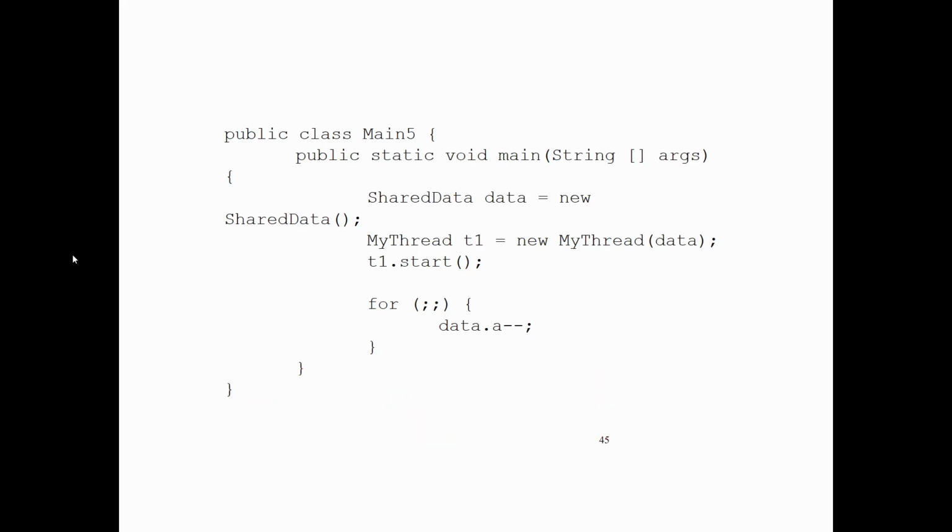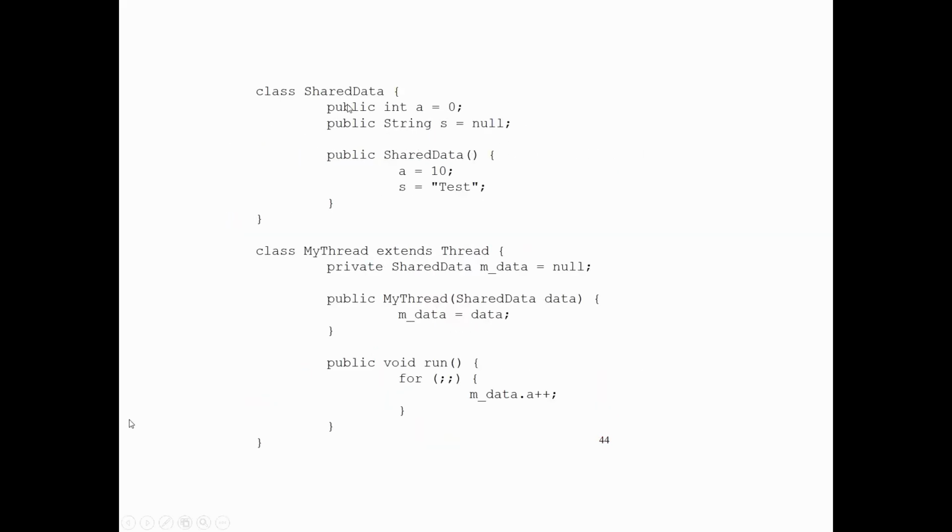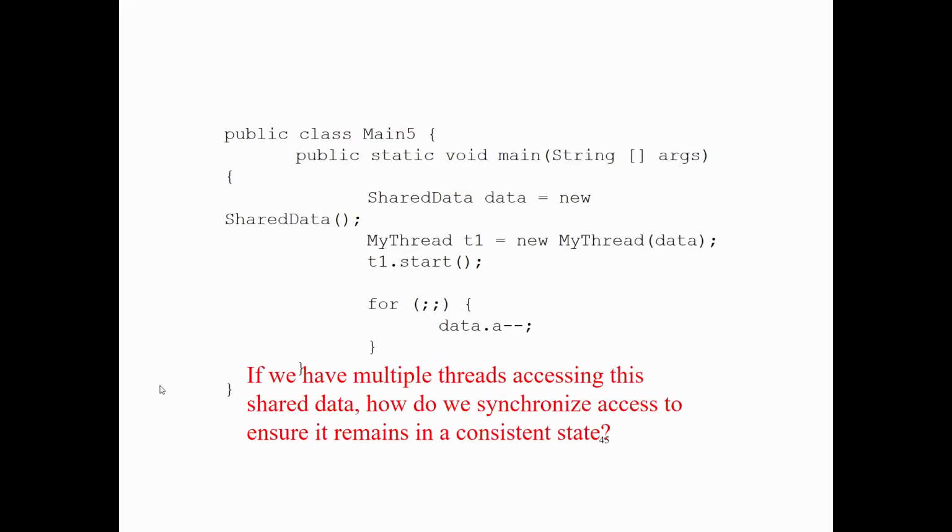Now we have simple data as an integer, but assume that we have a more sophisticated data structure. So what will happen if suddenly the first thread is stopped because of the end of the time slice, and it has not yet finished the decreasing? Just imagine that the integer is 4 bytes.